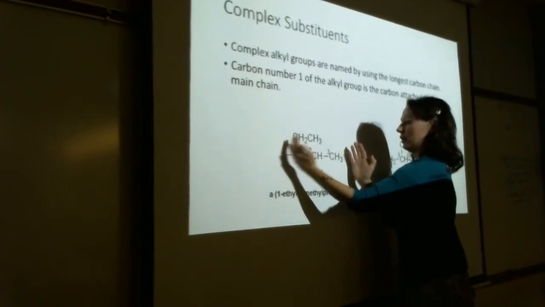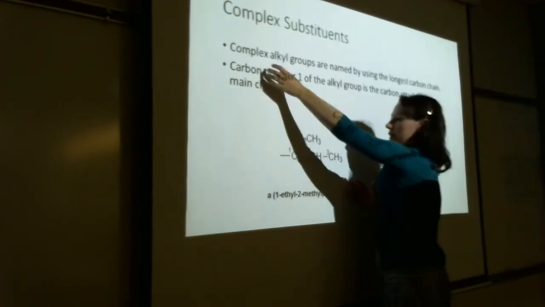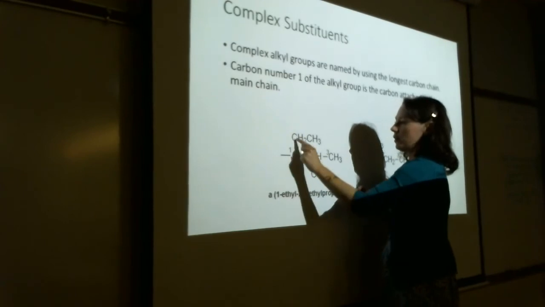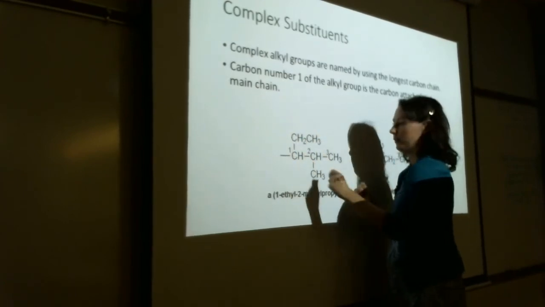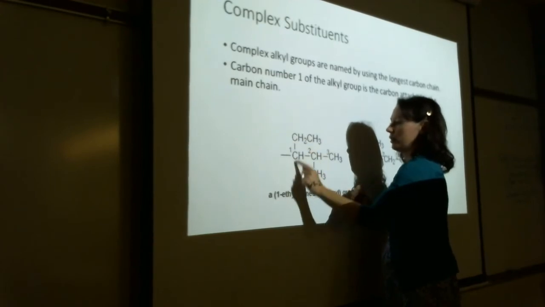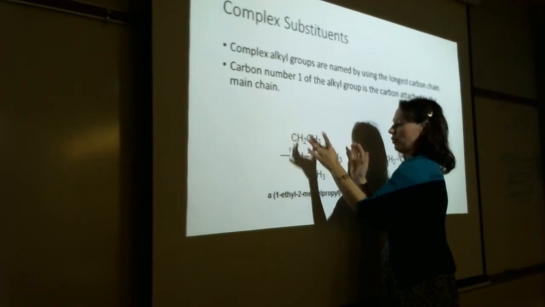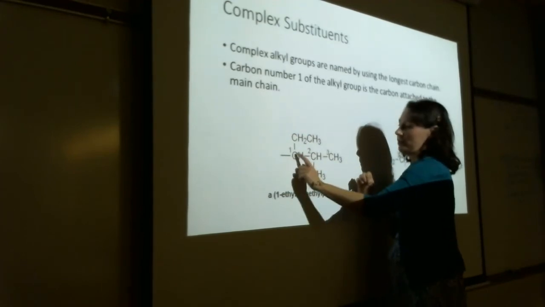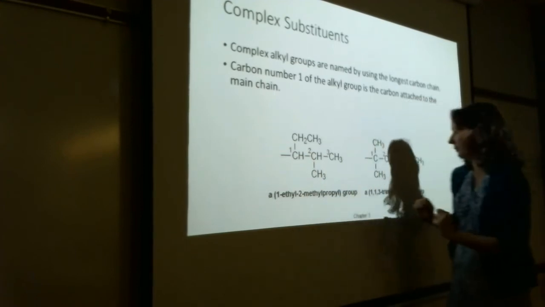I know that that's kind of crazy to think about when you're first getting started, but just imagine, again, this is the chain. Now, if this were the point of attachment and it were just this linear chain, we wouldn't have to worry about this. But because it's attached, a substituent on a substituent, we have to call it an ethyl-methyl group, and then we have to say where on the chain, the subchain, those substituents are located.